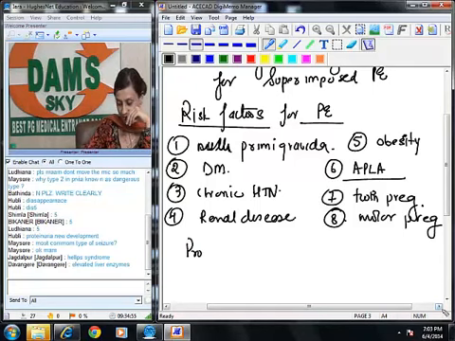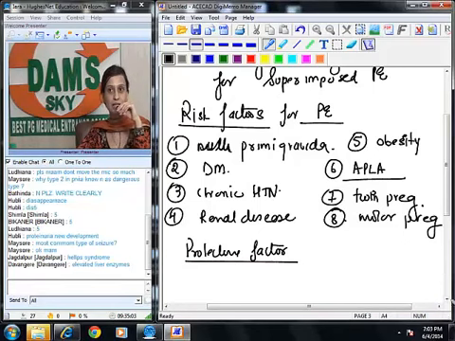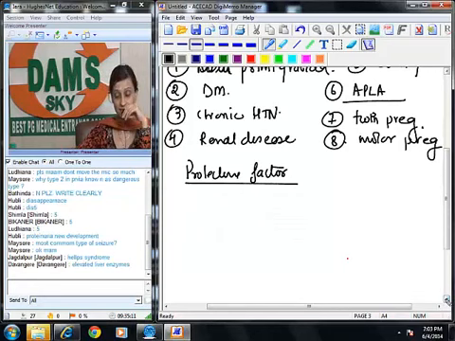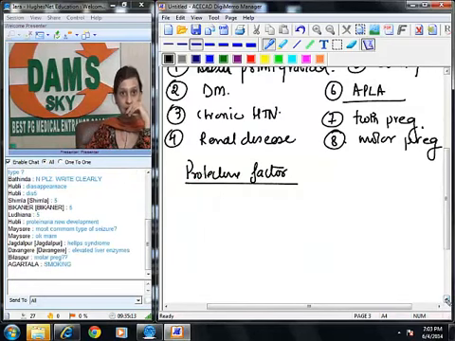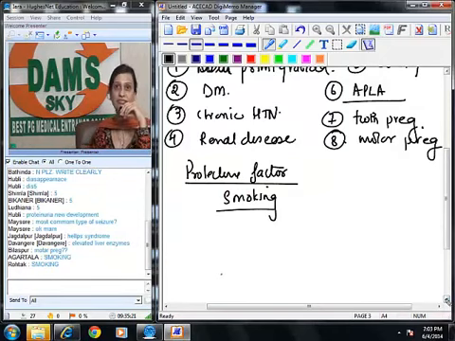Can you tell me one protective factor for preeclampsia? Anybody? So very surprisingly, yes, Agartala is absolutely right. Very surprisingly, smoking is a protective factor.